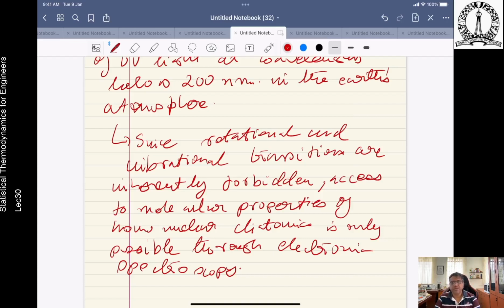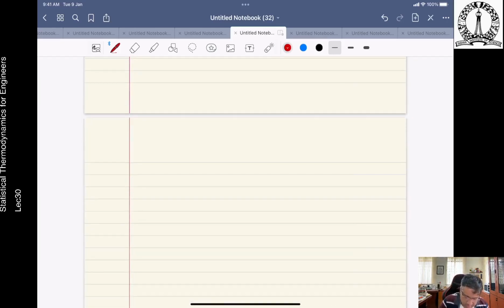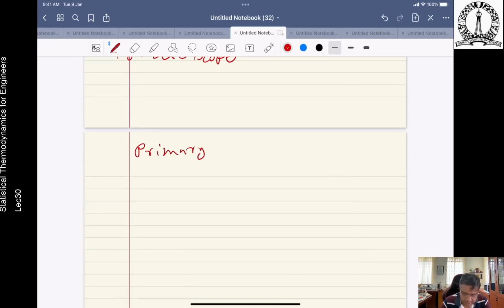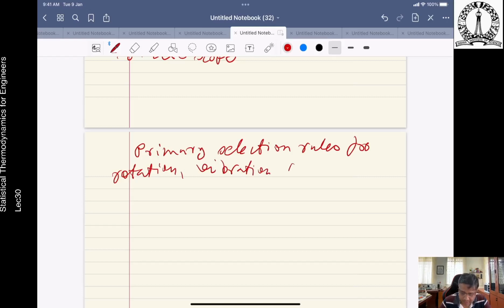So let us also write the selection rules in a most compact form, so that you have an idea of where to look up. So these are the primary selection rules for rotational, vibrational, and electronic energy modes.